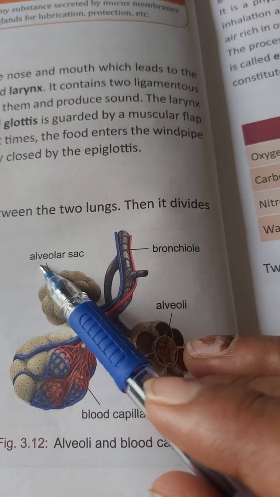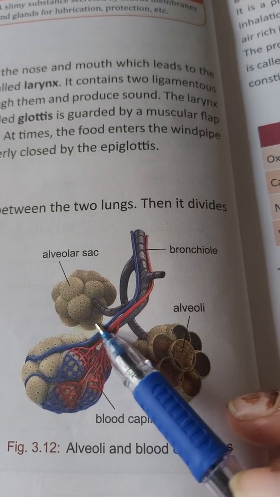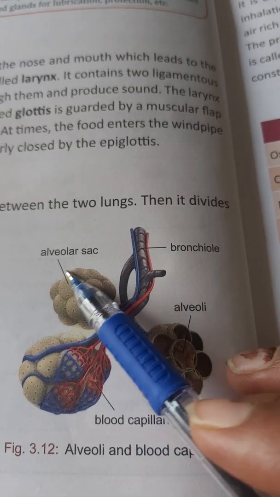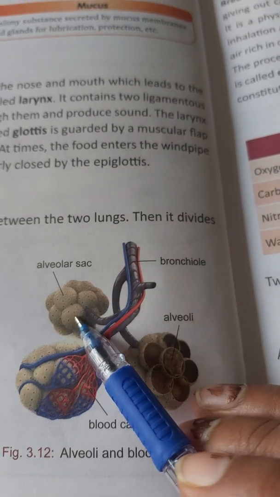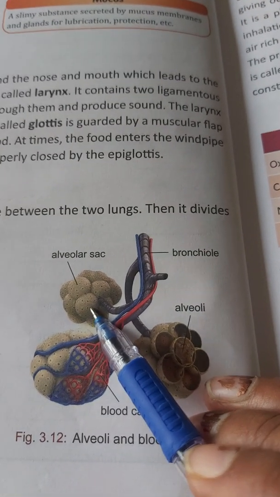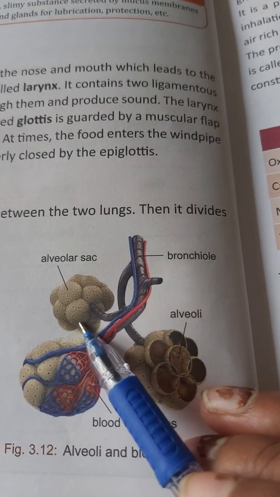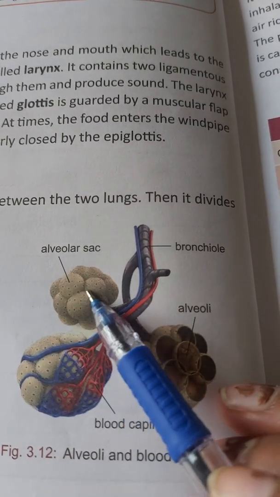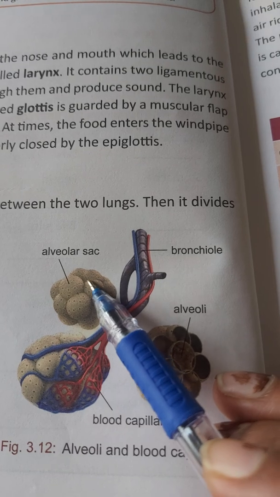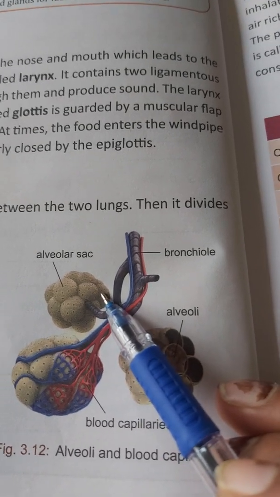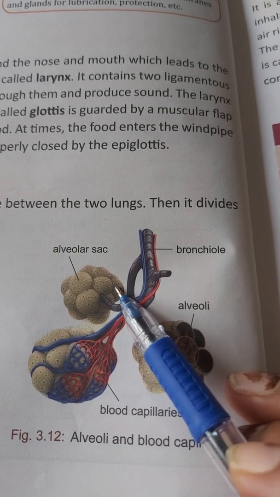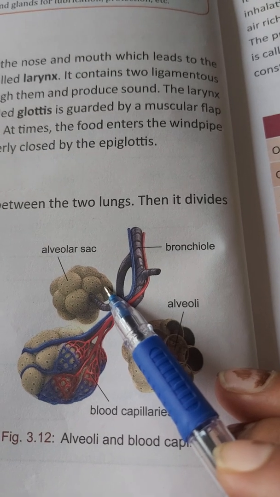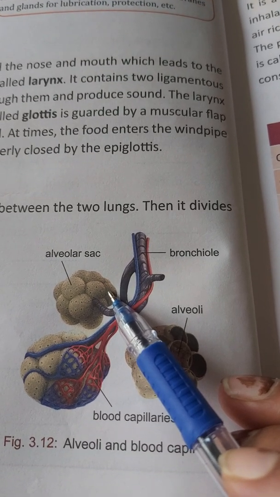This balloon-like structure that you can see is the alveolar sac, and in each alveolar sac there are little structures called alveoli. These small ball-like structures that you can see are called alveoli. So each alveolar sac consists of millions of alveoli.